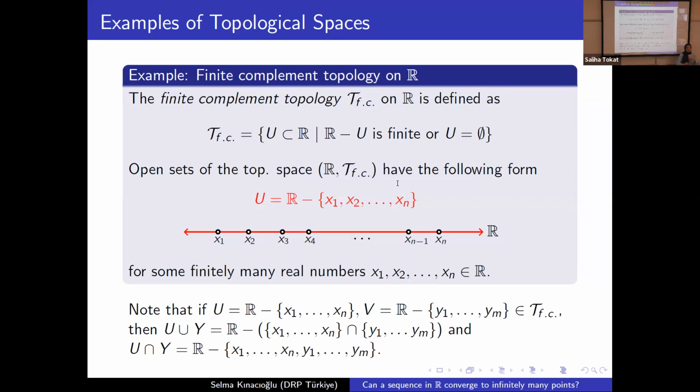I can remove 2 and 3 and 4, like x1, x2, and so on. So I define U, and I say that U has to be a subset of T, in other words an open set. And this U has to have a finite complement in this topology.